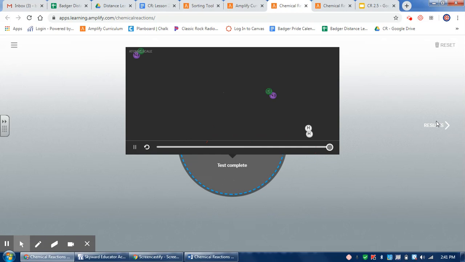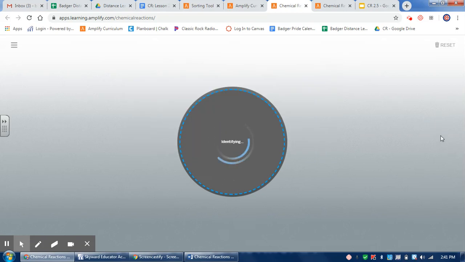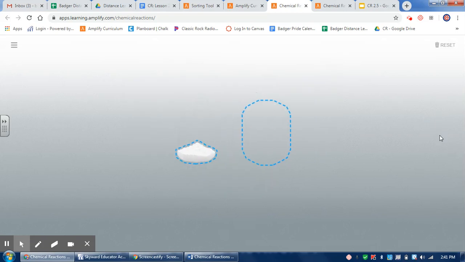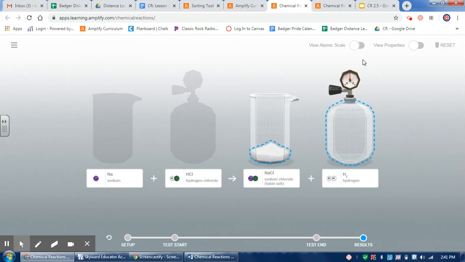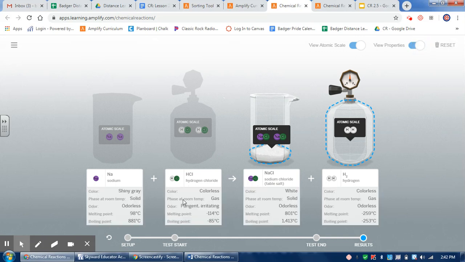So if we go to the results, and review this and turn on the atomic scale and turn on the property scale, you can see, if you take a second, that all of these substances have a different property than the other ones, which means they're all different substances.